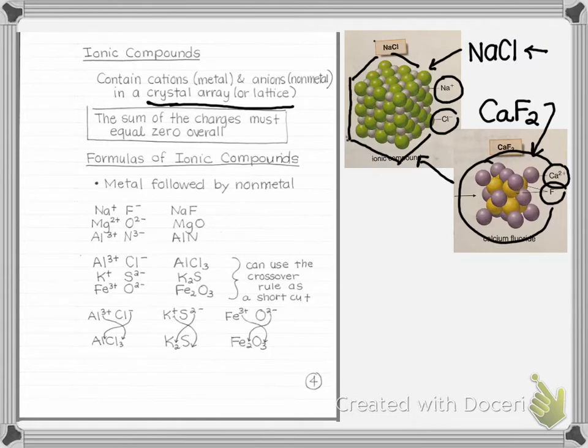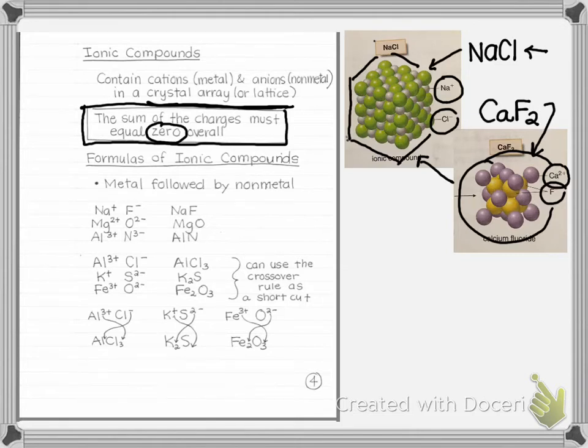It brings up the question then, well, how would I know based on the charges what their formulas might be? And here's the guiding rule. When you add the charges of the cations and the anions together, the pluses and minuses, it must overall equal 0. So basically, all the positives and negatives must cancel out.